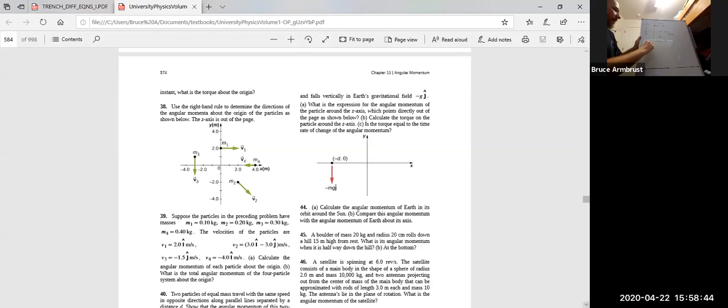So M1 is 0.1 kilograms. V1 is 20. M2, 0.2 kilograms. V2 of 3 minus 3.